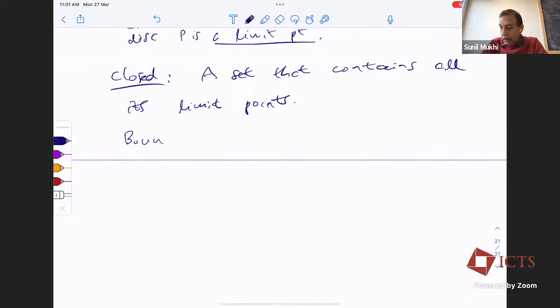Now, for manifolds, a different definition is given, but it's, I think, equivalent enough for us. Okay, boundary of a set in a topological space.